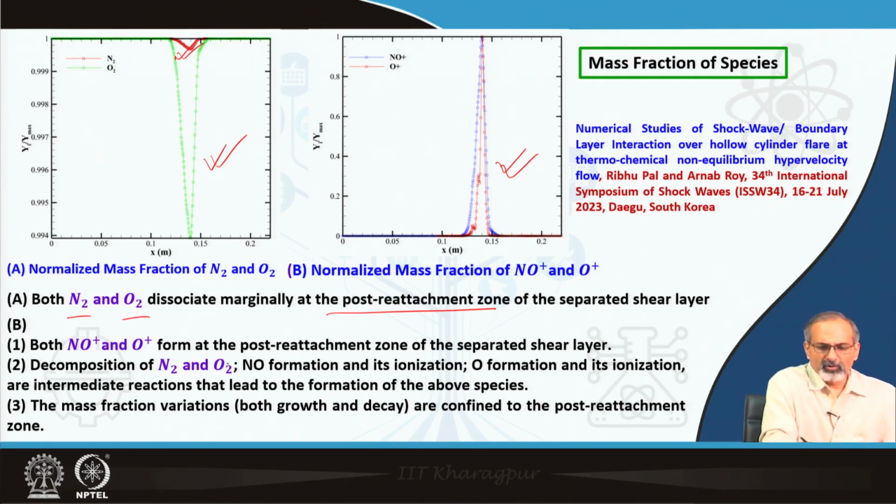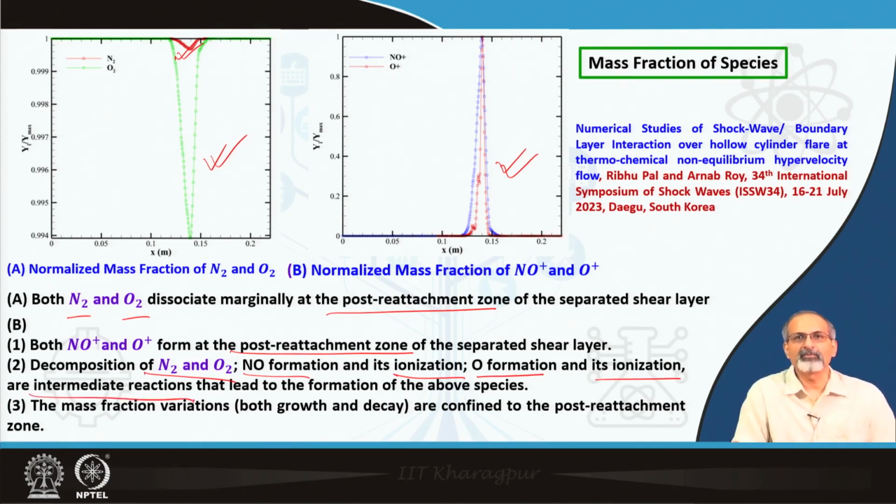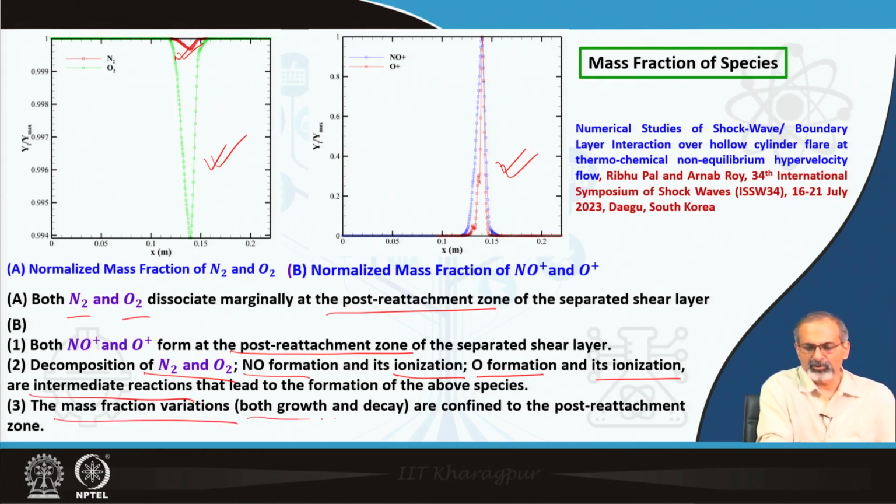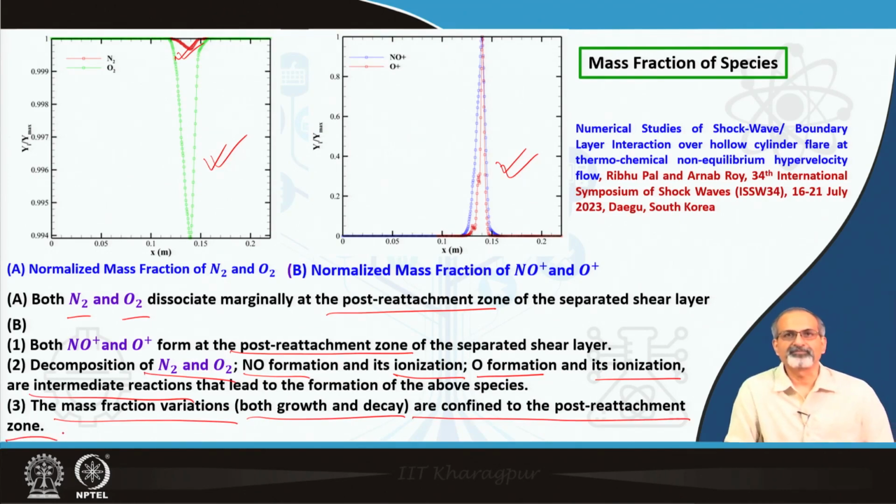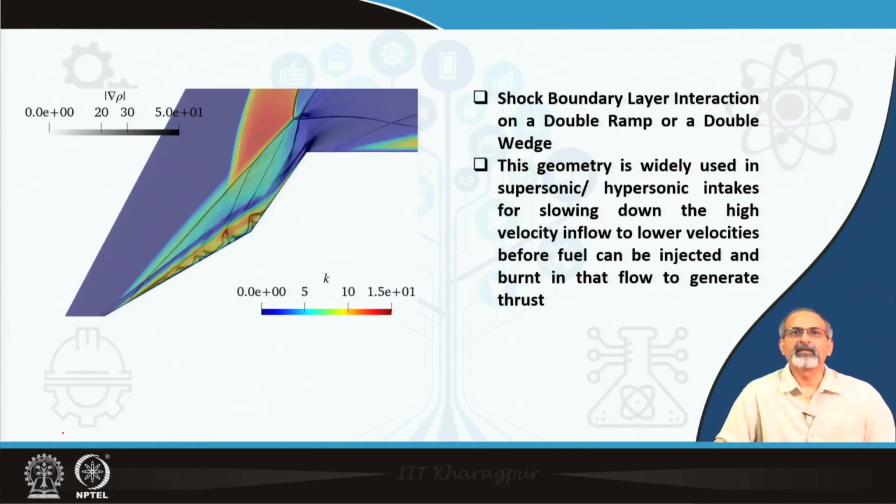Both NO+ and O+ form at the post reattachment zone of the separated shear layer. Decomposition of N2 and O2, NO formation and its ionization, O formation and its ionization are all intermediate reactions that lead to formation of the above species, and the mass fraction variations, both growth and decay, are confined to the post reattachment zone. So, these are some of the things that you can conclude from that study.